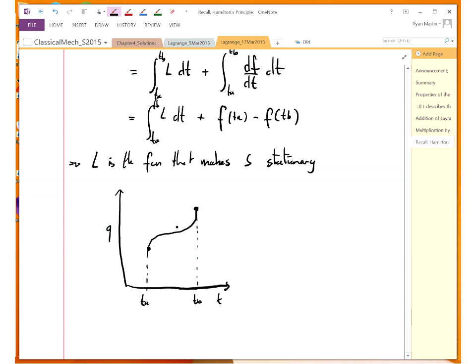And the correct path is the one that makes this action integral stationary. The system will choose the path of coordinates as a function of time that makes the action stationary. To find that, we have to do the variation of the action and ultimately end up with the Euler-Lagrange equation. So remember, when we're doing the variation of the action, we're considering all the possible paths that the system could possibly take. And the Euler-Lagrange equation just tells us how to find the correct path.